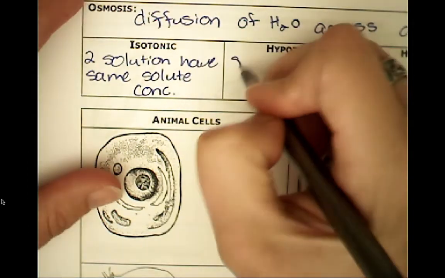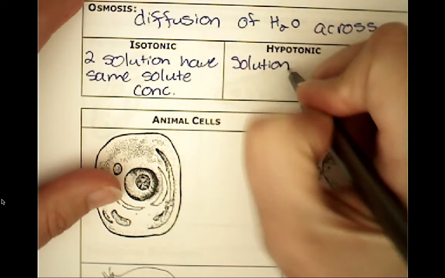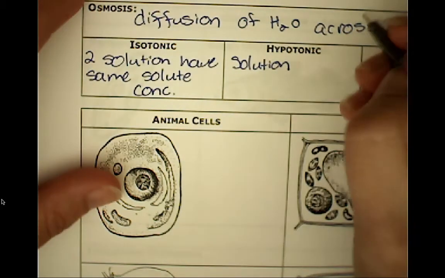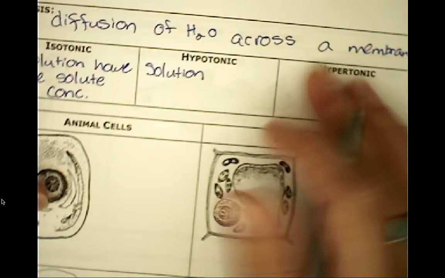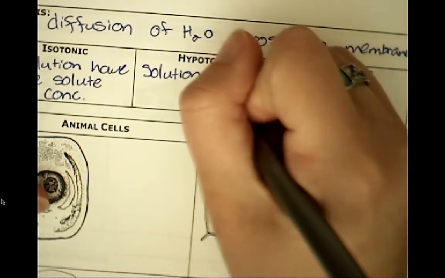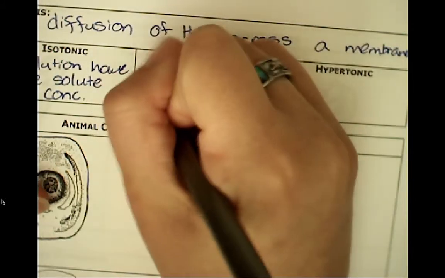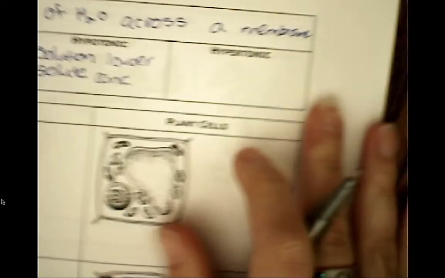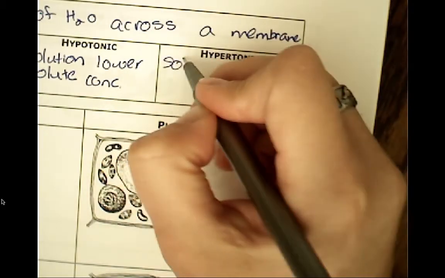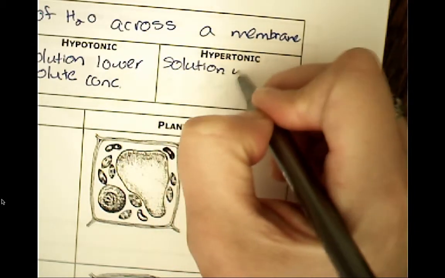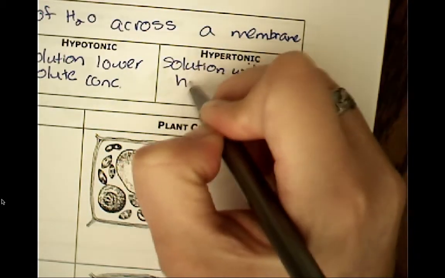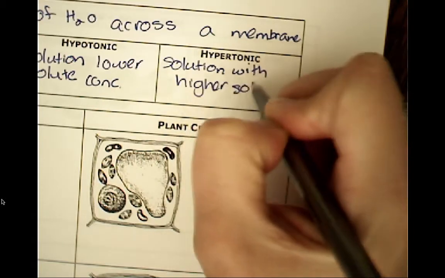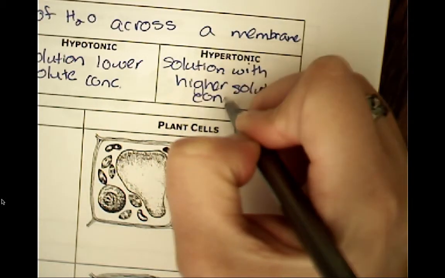Hypotonic is where the solution has a lower solute concentration. We'll look at some examples here in a second to help make this make sense. And then hypertonic is the solution with a higher solute concentration.